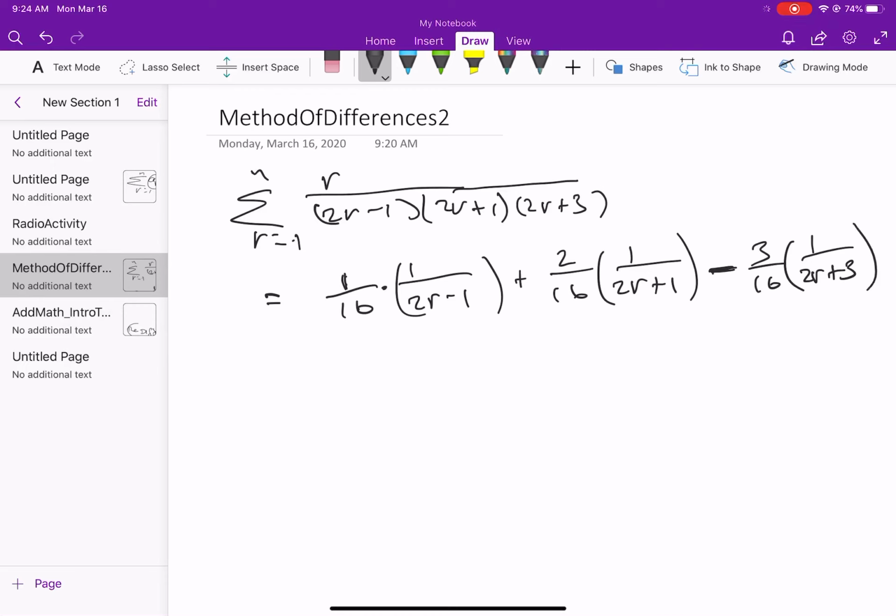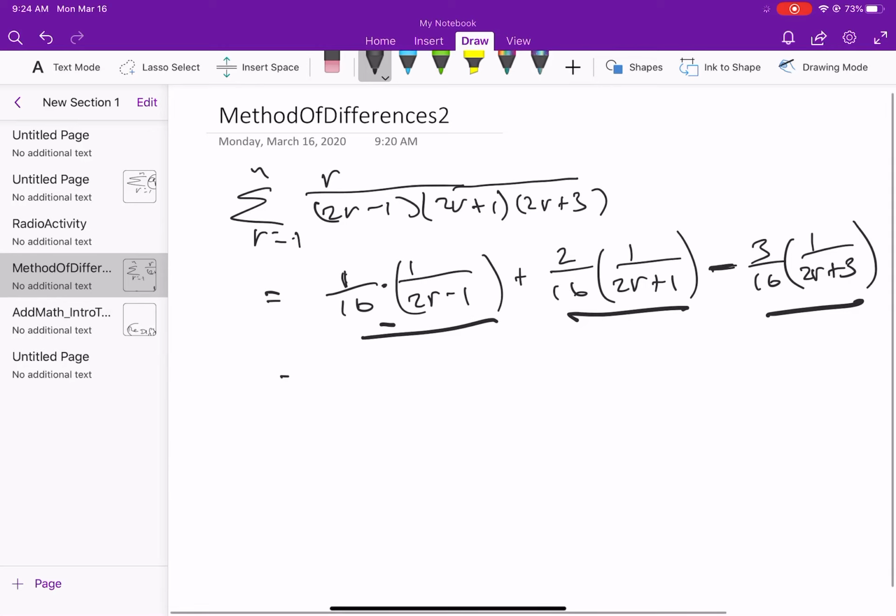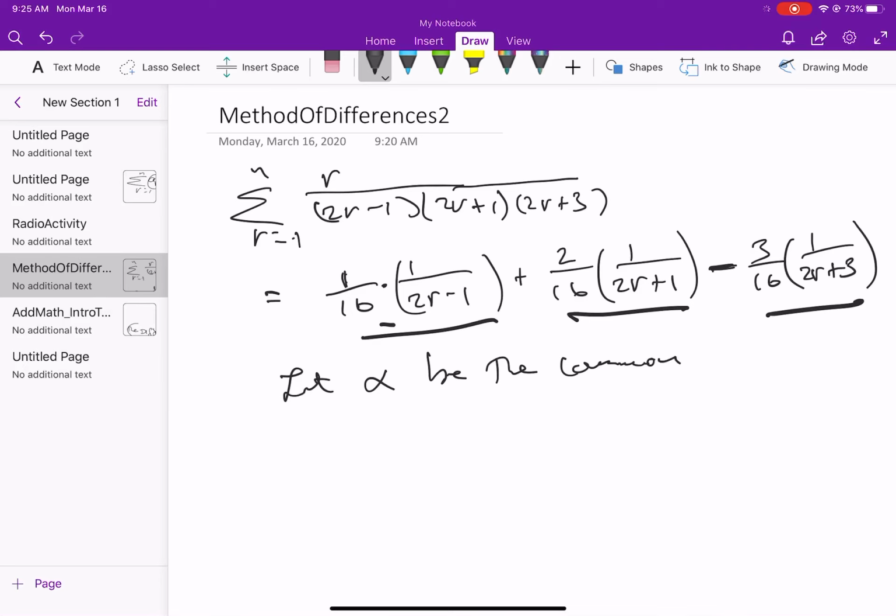You're supposed to look at what's common in all three sets of brackets when you open out the sums. And if you think about it, let alpha be the common portion, for lack of a better word, in all three summations.